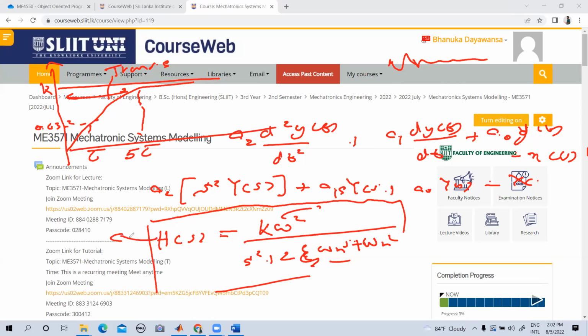This H(s) simply means you have an input, say the input in this case is X(s), and Y is the output, right? So it's simply the output over the input.